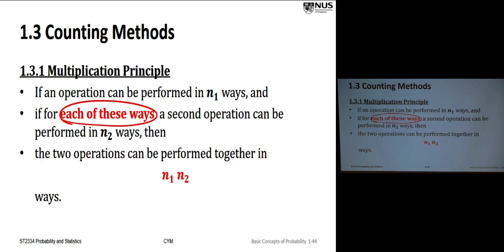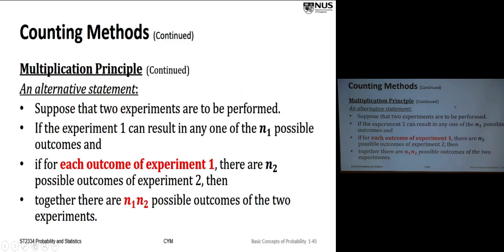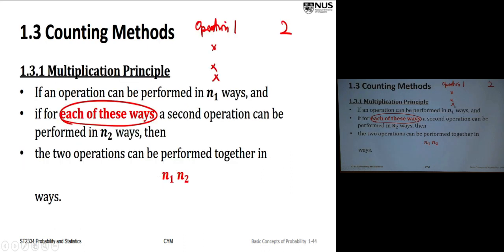So this is operation 1, and this is operation 2. Let's say there are 3 ways to do it, and for each of these, let's say 2 ways to do it. So altogether, how many ways to do operation 1 and operation 2 together will be 3 times 2, or n1 times n2 in general.